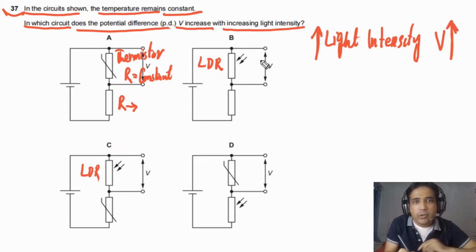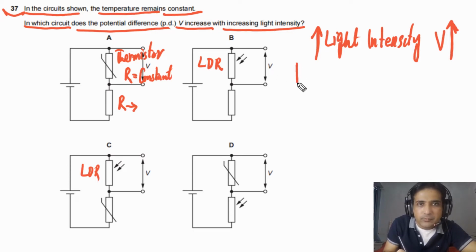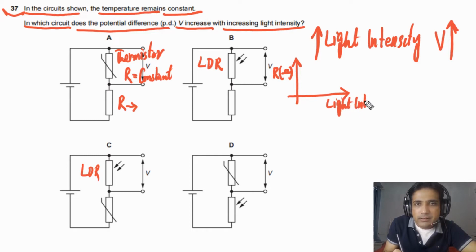Now if you look at option B, in this case, when light intensity increases, the resistance of the LDR decreases. So we can simply sketch a graph, let's say resistance for LDR, and here light intensity, so you can understand better the shape of the graph.